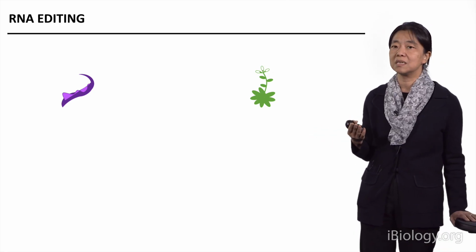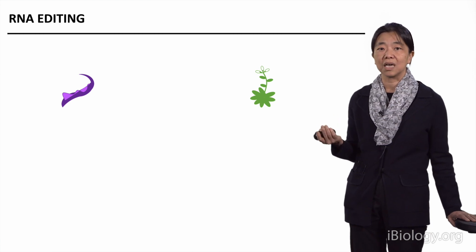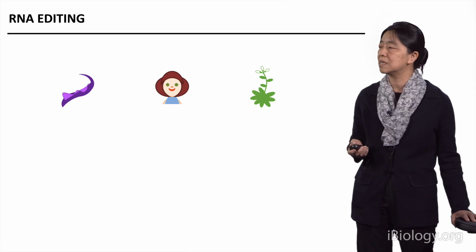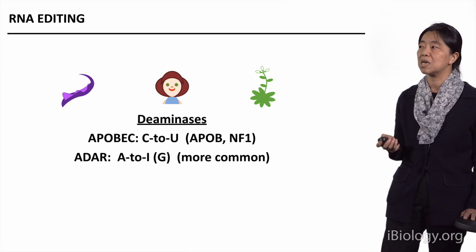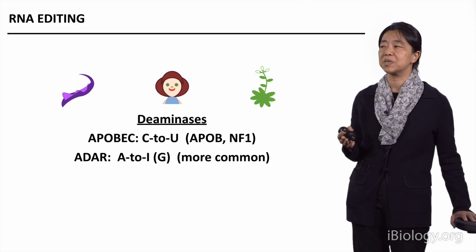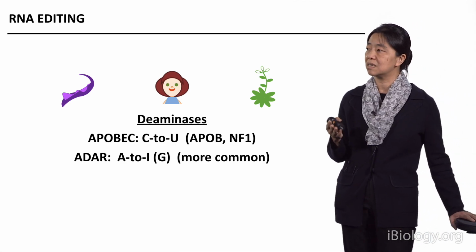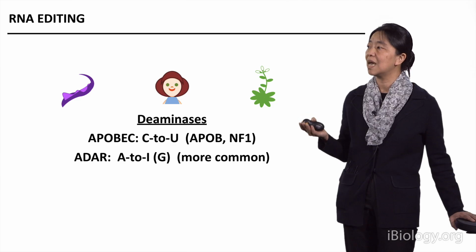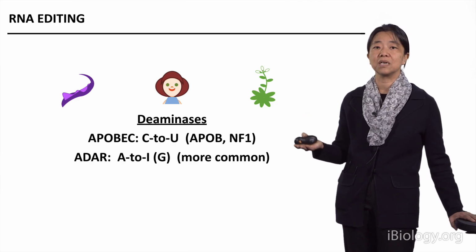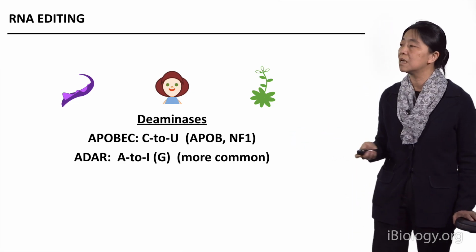Since then, there have been other examples of RNA editing found in different organisms, including in human, where there are two forms of deaminases that remove amine groups from cytidine, resulting in uridine, and from adenosine, resulting in inosine.